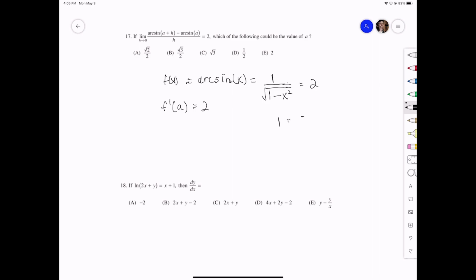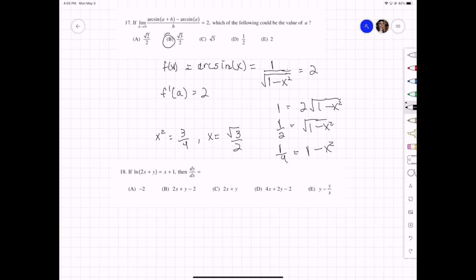So 1 equals 2 times the square root of 1 minus x squared. So the square root of 1 minus x squared equals 1/2, so 1 minus x squared equals 1/4. X squared equals 3/4, and x is equal to square root of 3 over 2. So B is the answer.